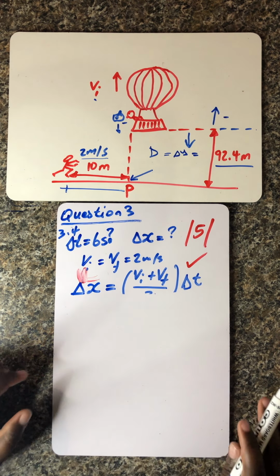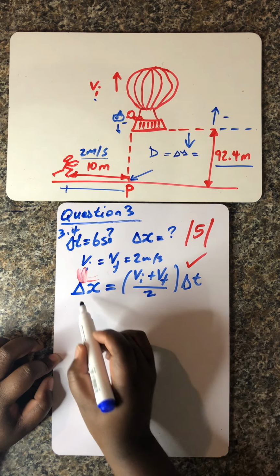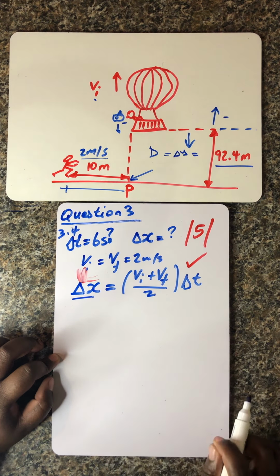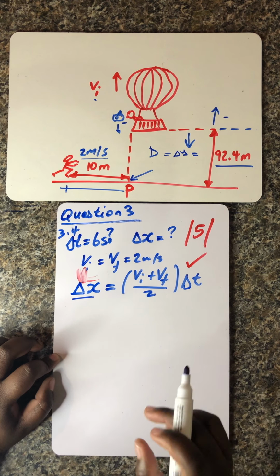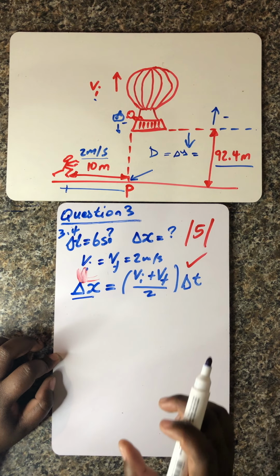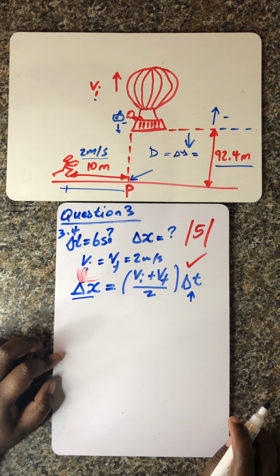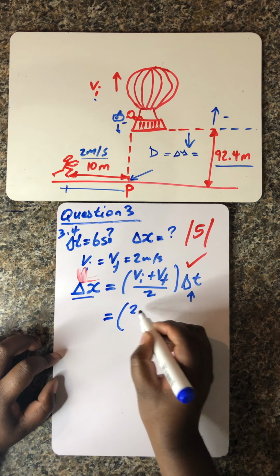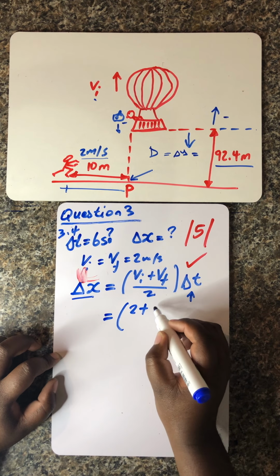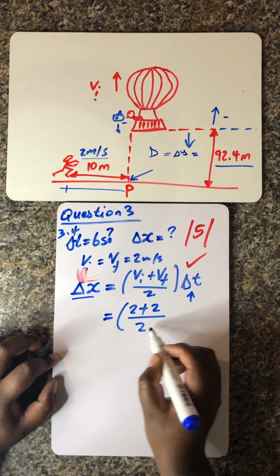We still use the same formula, but we want to calculate the distance that he's going to cover when he travels for those 6 seconds. The initial velocity we know is 2, and the final velocity will still be 2.